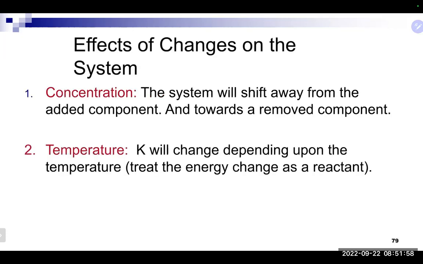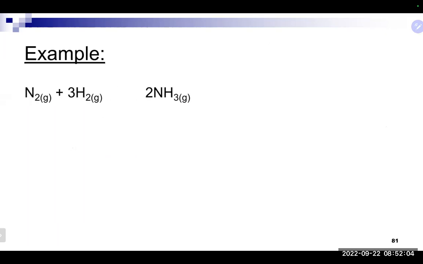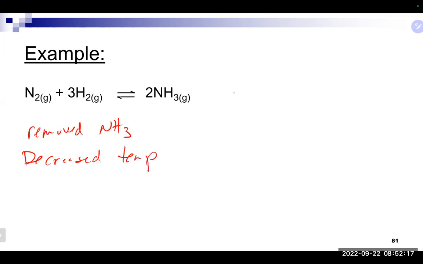All right. So this is the stuff we talked about. So I'll just kind of scroll through it basically. We'll take a look at a couple more here. Let's say we removed NH3, we decreased the temperature, and we'll do a delta H negative 325.